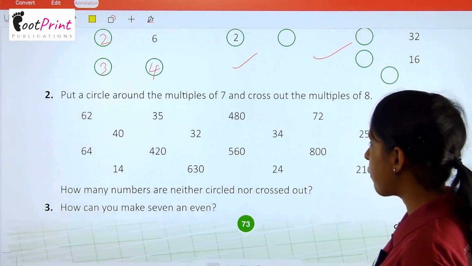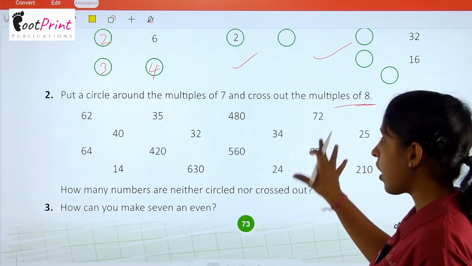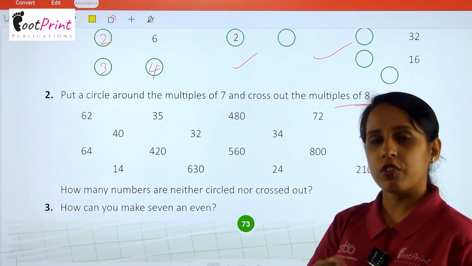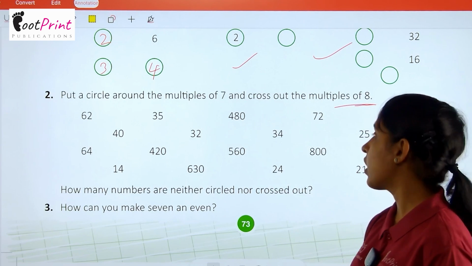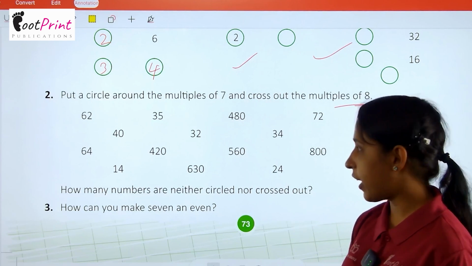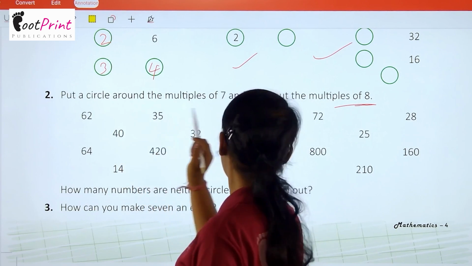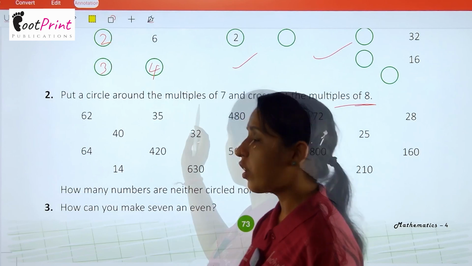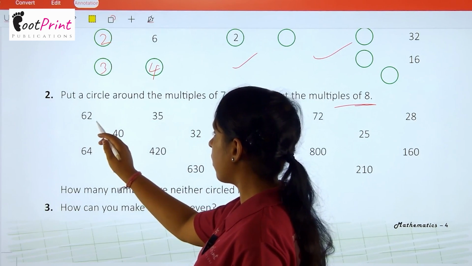Put a circle around the multiples of 7 and cross out the multiples of 8. So here some numbers are given. We have to circle the multiples of 7 and cross out the multiples of 8. So here 62. 62 is not a multiple of 8 or a multiple of 7. So it means we have nothing to do.